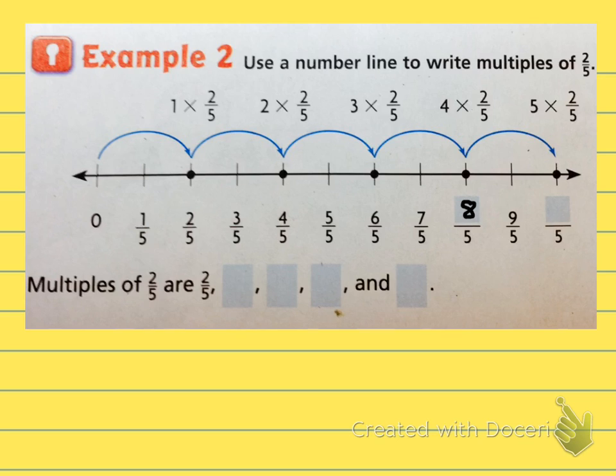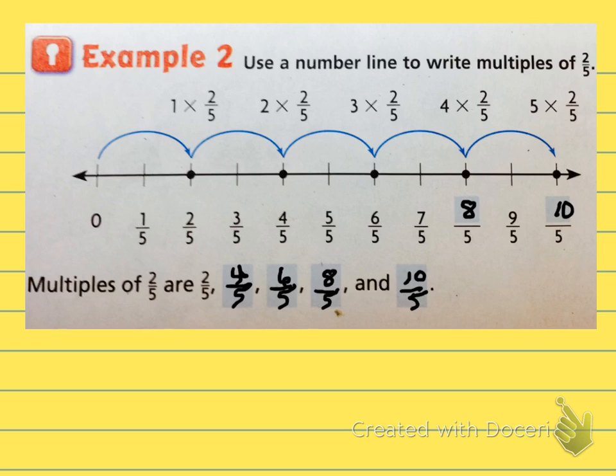And 5 times 2/5, boys and girls, by the time I make the 5th jump, would be what? You're right, 10/5. 5 times 2 equals 10, and of course our denominator always stays the same. So the multiples of 2/5, boys and girls, would be 2/5, 4/5, 6/5, 8/5, and 10/5.